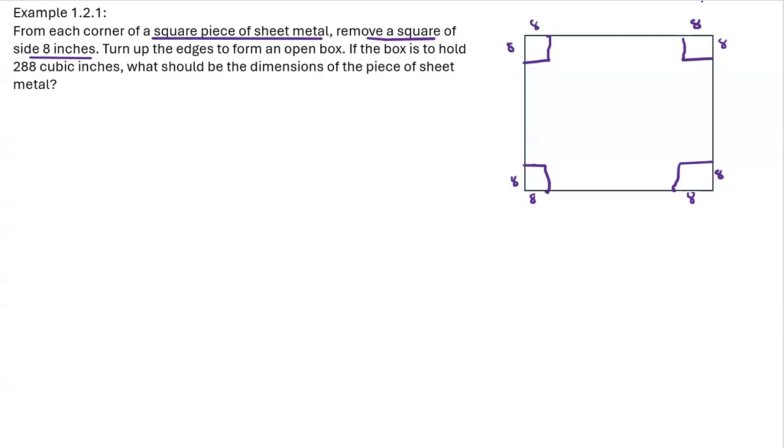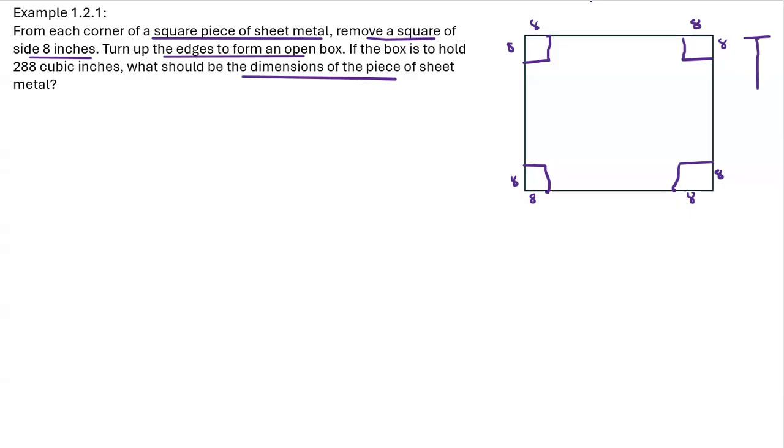And it says once we cut that out, we're going to turn up the edges to form an open box. If the box is to hold 288 cubic inches, what should be the dimensions of the piece of sheet metal? So in this case, I don't know what the length, the base and the height is, right?